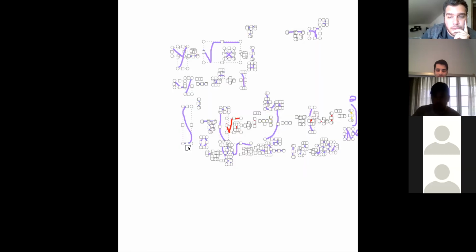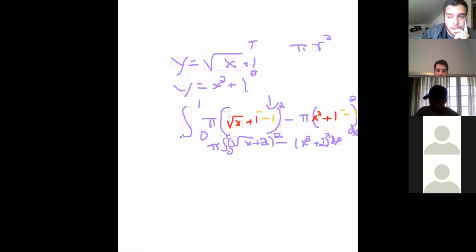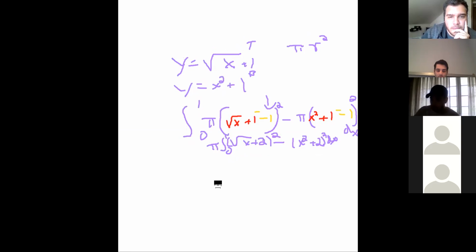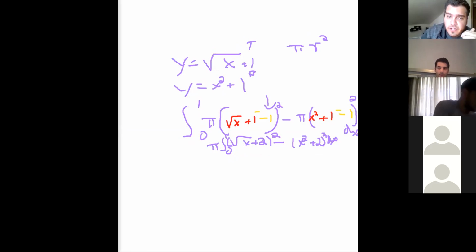No, Michael. Can you explain where you got the negative, like the minus -1, the yellow? Okay, so are you looking at the worksheet right now? Yeah. Okay, so the problem is asking to find a solid rotating around a different axis, not the x-axis.